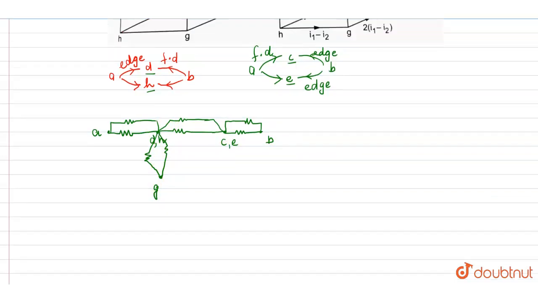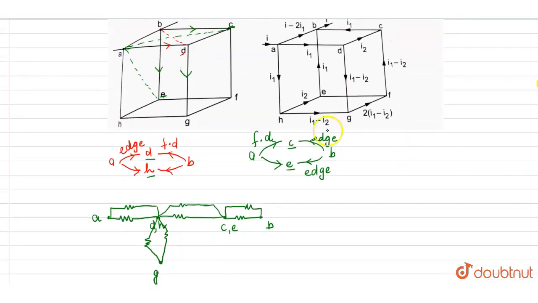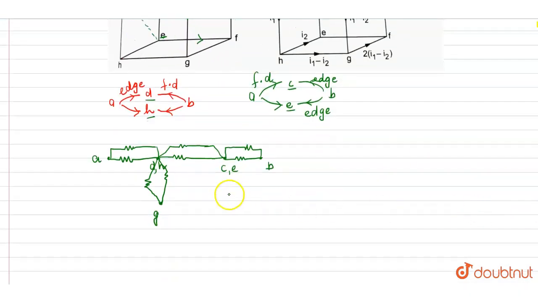Similarly, from C to F there is one resistance, and between E to F one more. This is point F. And between G and F this resistance is there, so let us draw it. And between A to B one resistance is there, so let us draw that also.